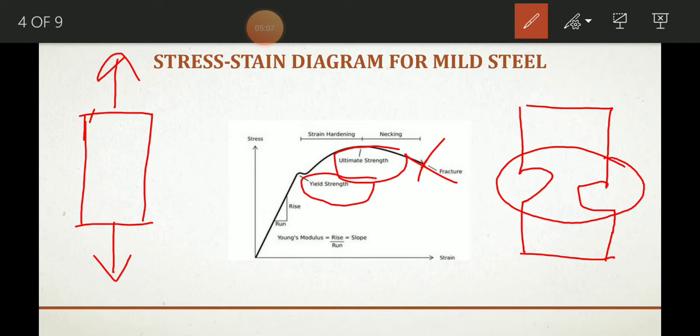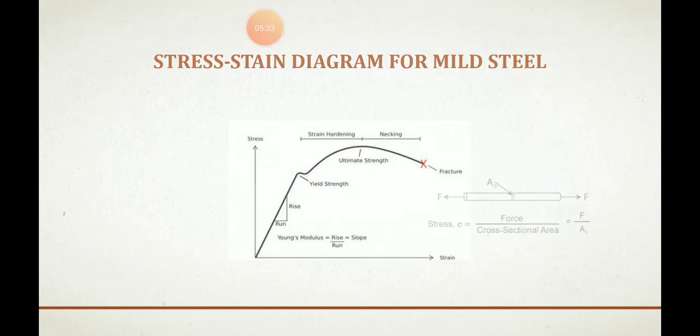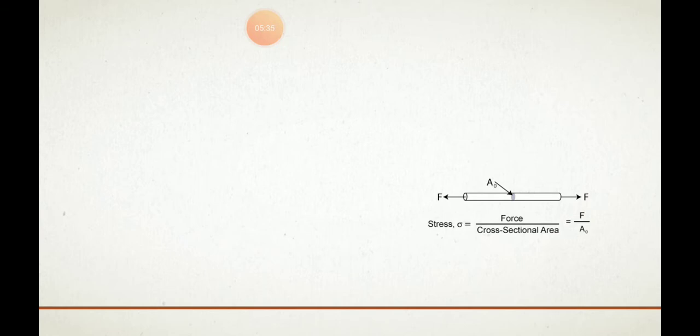That is what we call the ultimate stress, the maximum load that the material can handle. And what is fracture? When you increase the load above the ultimate strength, the material is going to fracture, or fail completely. That is what fracture means. I hope this diagram is clear to you.